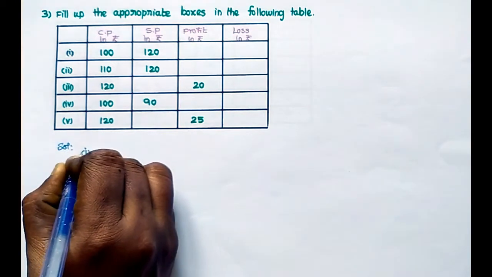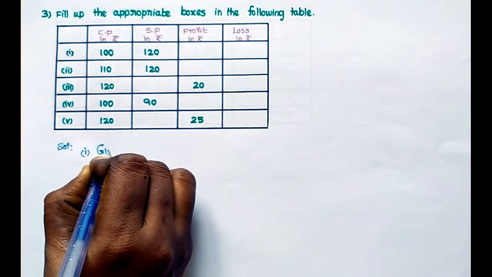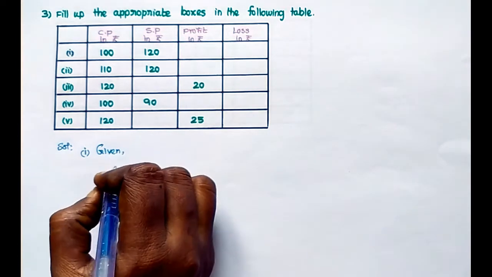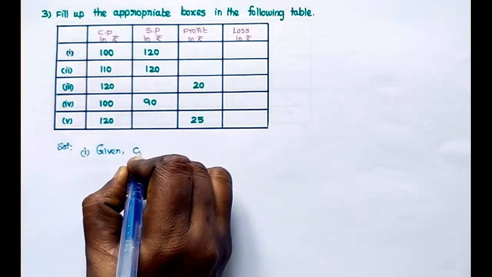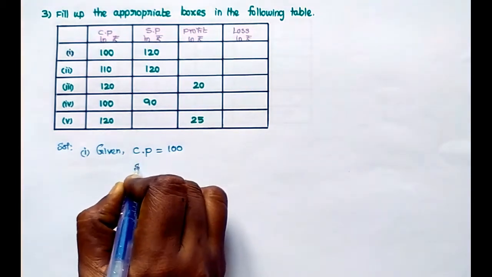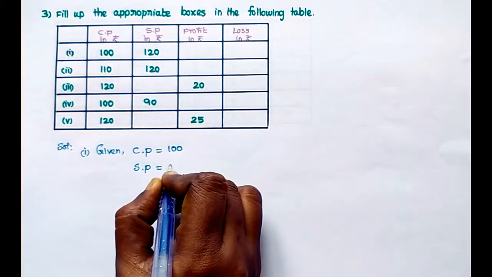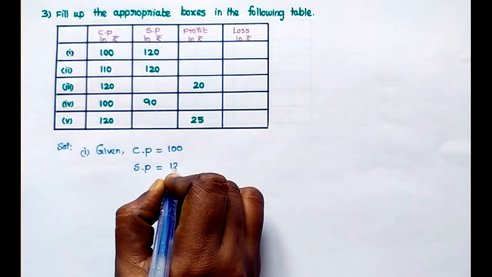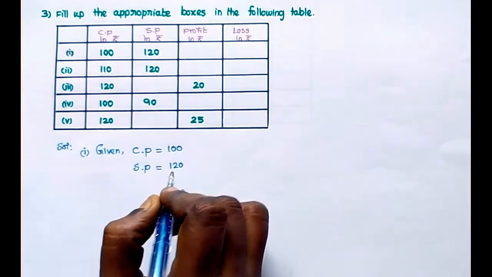First one, write down what they have given. Given cost price equal to 100 and selling price equal to rupees 120.